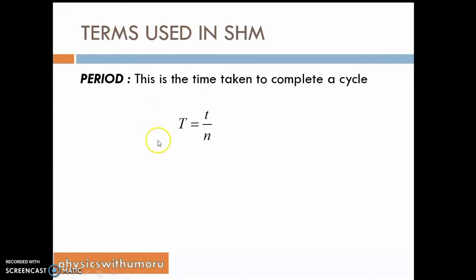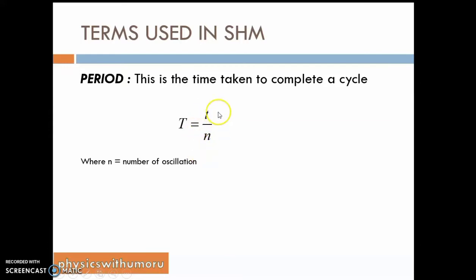And the formula is given by the time divided by the number of cycles. So if we divide the total time taken by a body to oscillate, the total time, by the total number of cycles made by the body, we are calculating the period, where n here is the number of oscillations or cycles completed, because it is possible that the body will make more than a cycle.